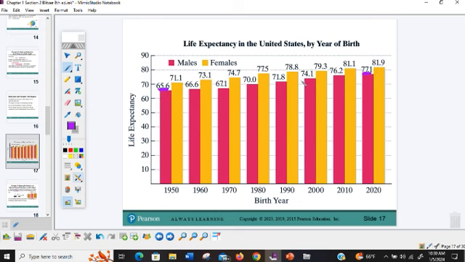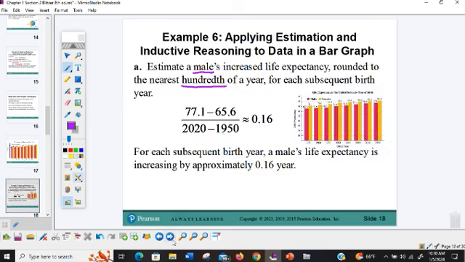We're going to say 77.1 minus 65.6. We're basically figuring out a slope: the change in life expectancy over the change in years. The years went from 2020 back to 1950. When you divide that out and round it, you get 0.16. So it increases by approximately 0.16 every year.